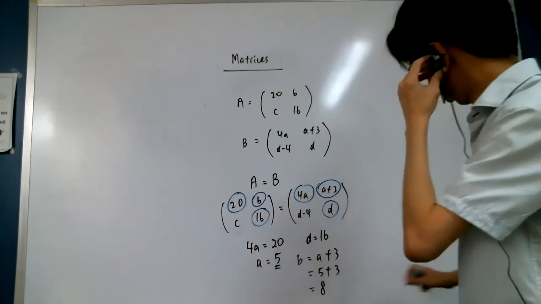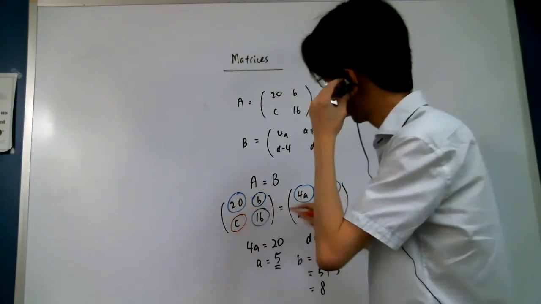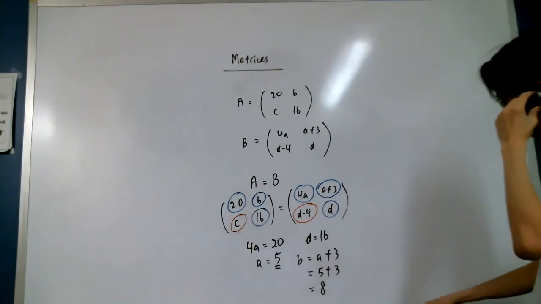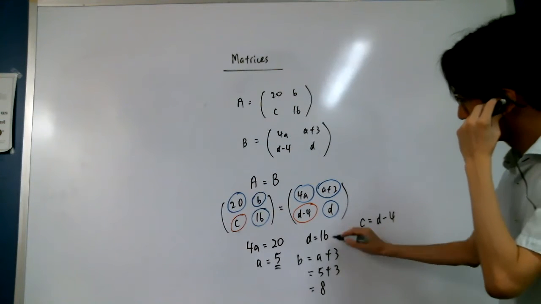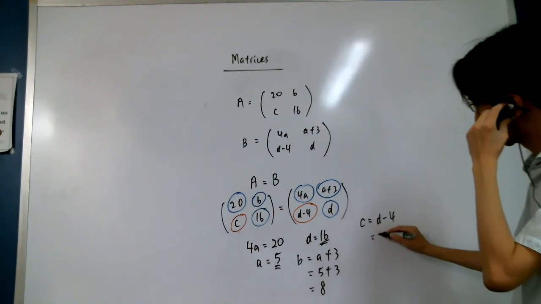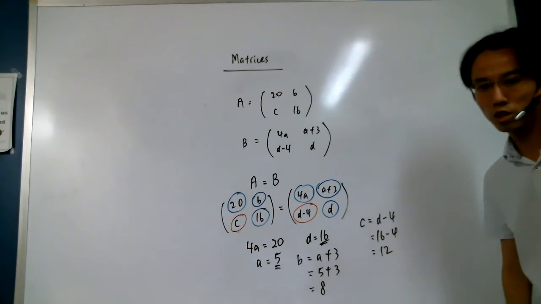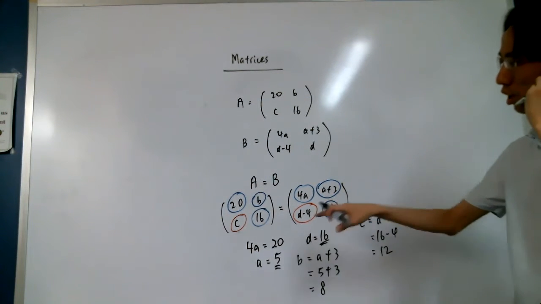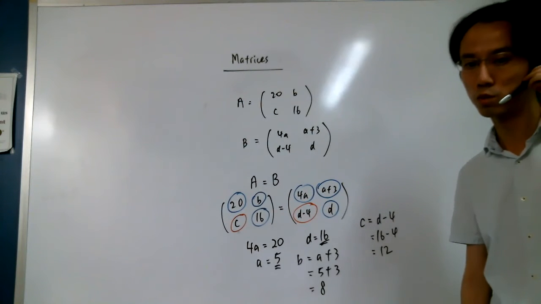So finally, you compare the last corresponding element, C and D minus 4. So C is equal to D minus 4. D, we have over here 16. So that means your C is 12. So from here, you can see that by saying that matrix A and B are equal, you can go and solve for the respective unknowns.